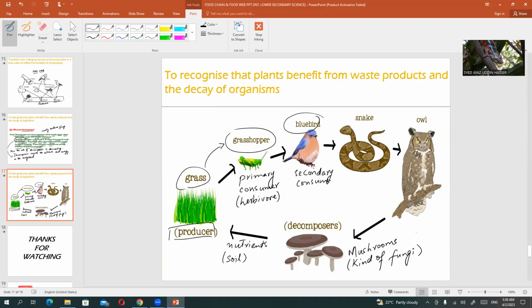Then this secondary consumer is eaten by the snake, which is the tertiary consumer. Then the snake is eaten by the owl, which is a quaternary consumer here, or you can even call it the apex.